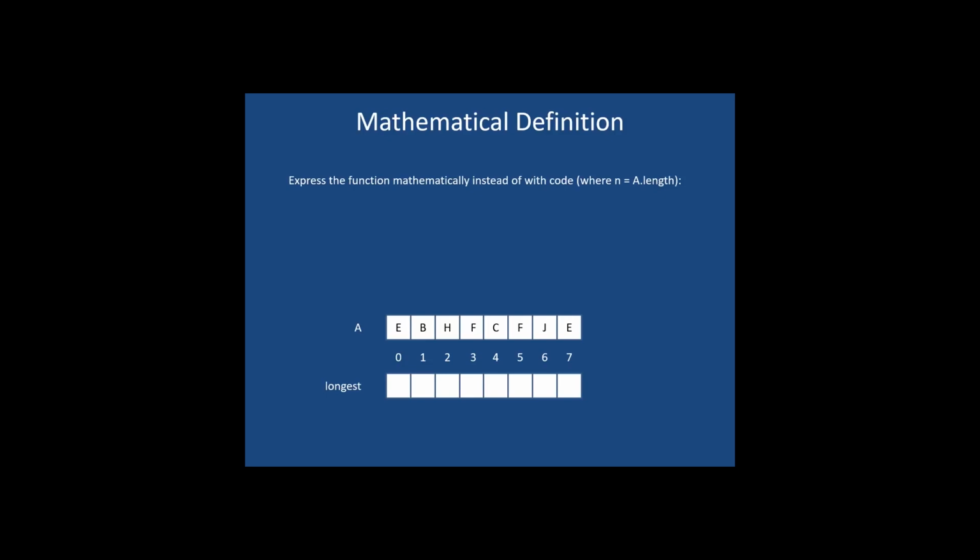Now, the reason this is the right way to describe the problem is because you can describe longest of 0 in terms of longest of 1, longest of 2, longest of 3, and so on. So you can define what goes in the first box in terms of everything that follows it to its right.